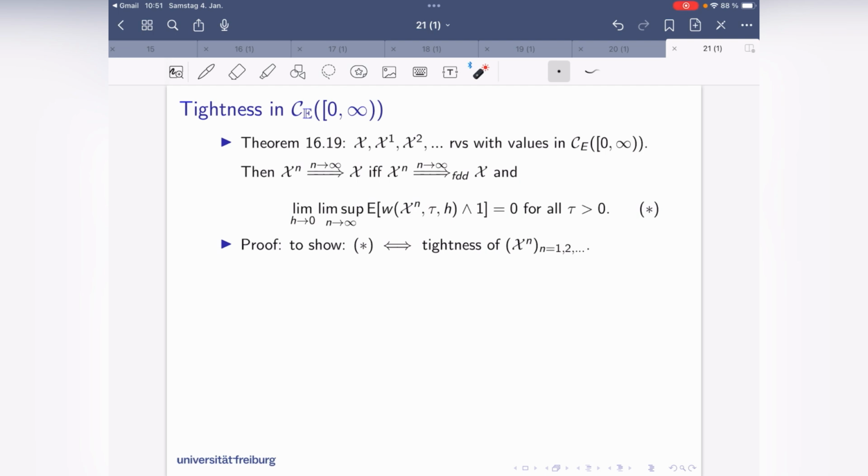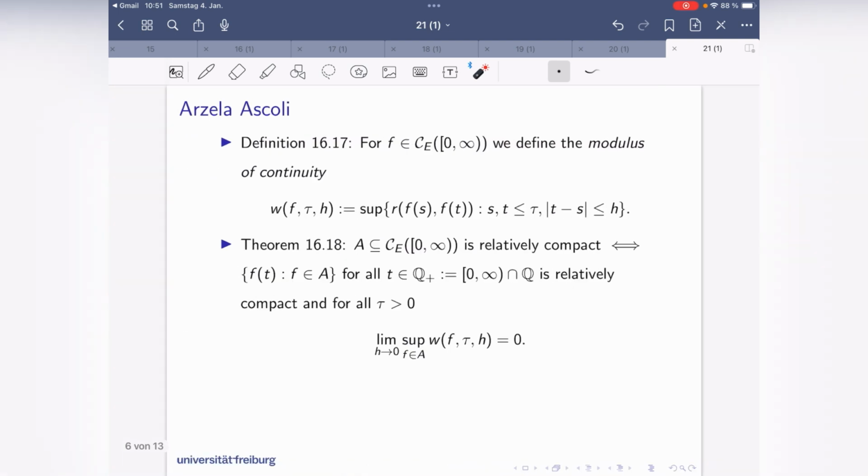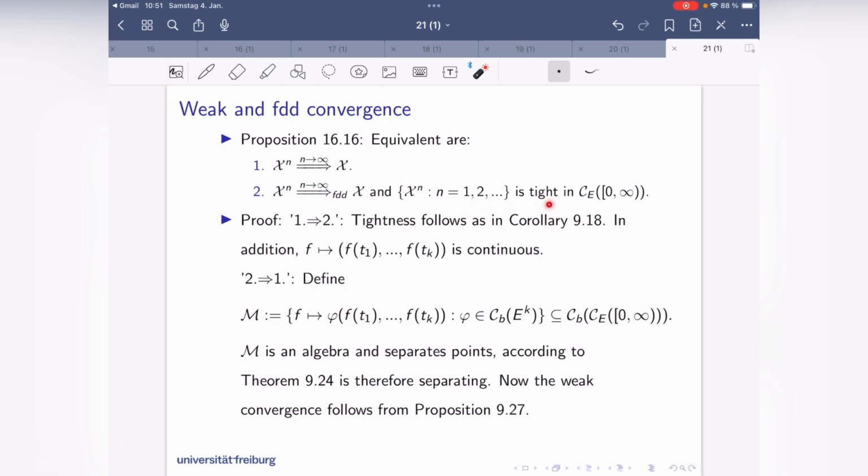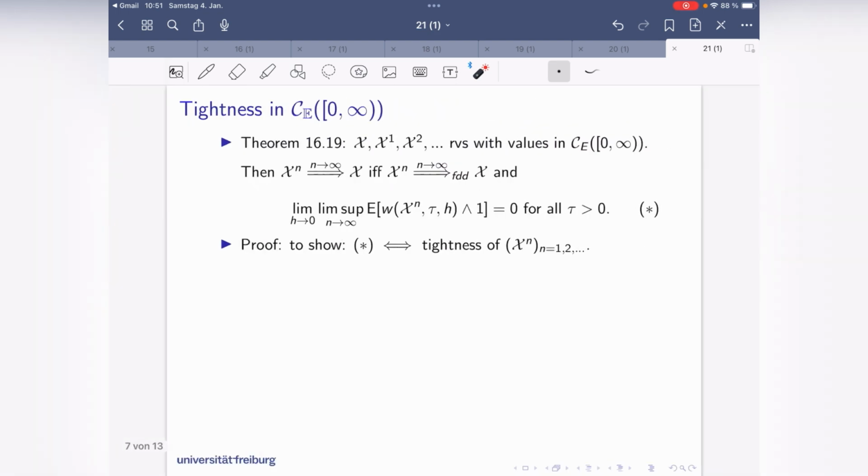And once we have shown this, we again have simplified our result, because we have exchanged tightness, as we had here, by computing some expectation over some still not very nice object, this modulus of continuity. So how can we show this?